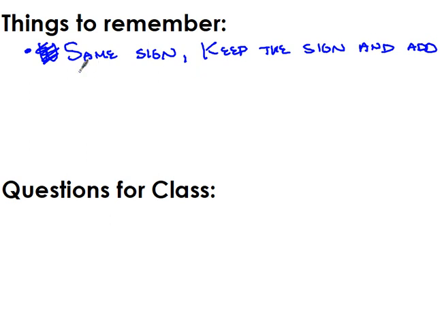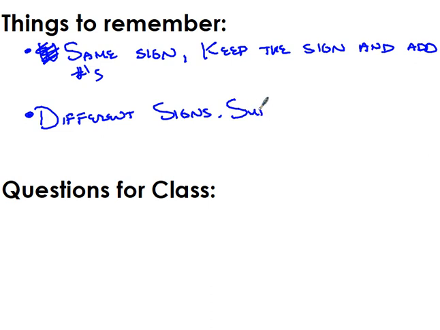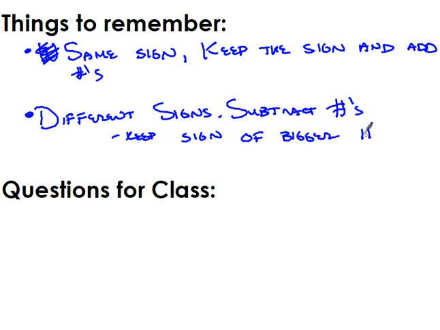If we're adding numbers with different signs, we subtract the numbers, and then we keep the sign of the bigger number. Okay? So that is summarizing both 1.1 and 1.2.